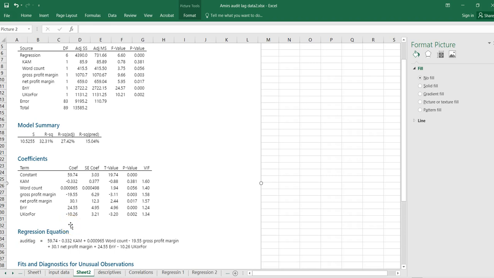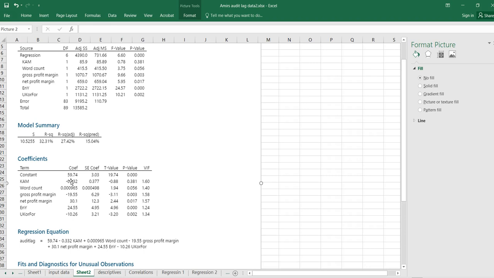Right, so we now want to think about what this equation means. For the KAM, we dismiss it, because it isn't significant. Well, we don't dismiss it, we say it isn't relevant. Now, you may have good reasons as to why you think it is relevant. And so a not significant result can be a very important write-up.